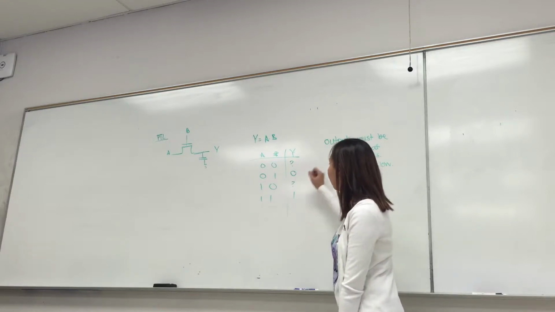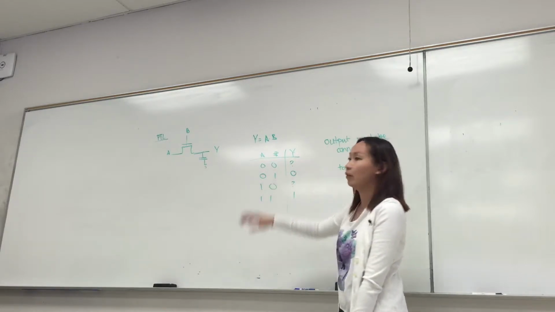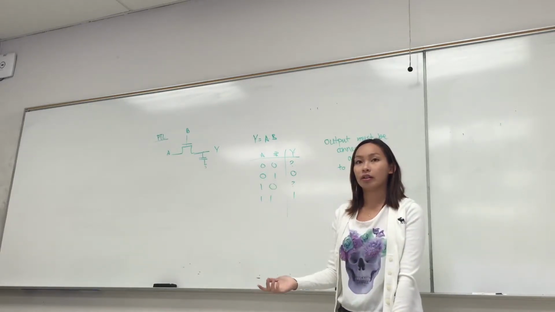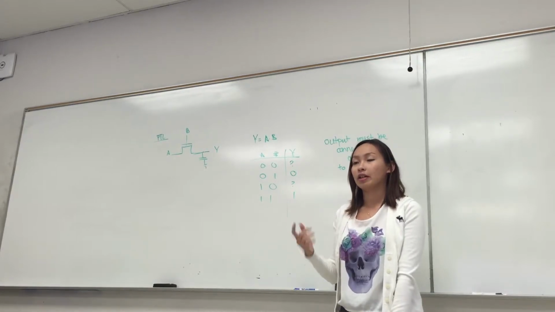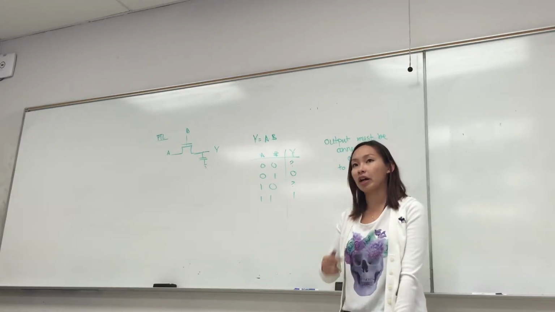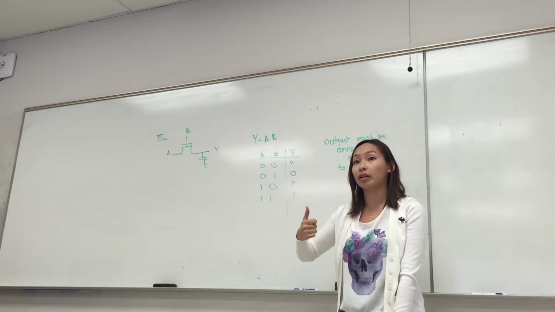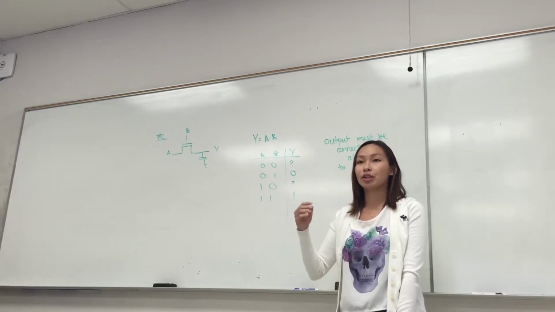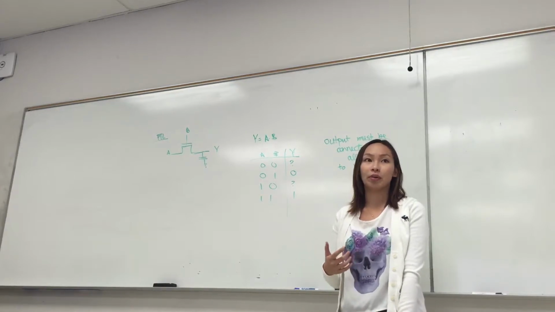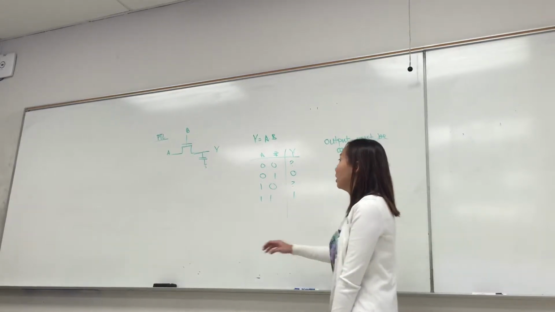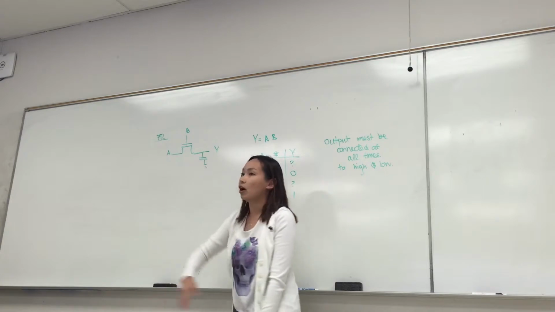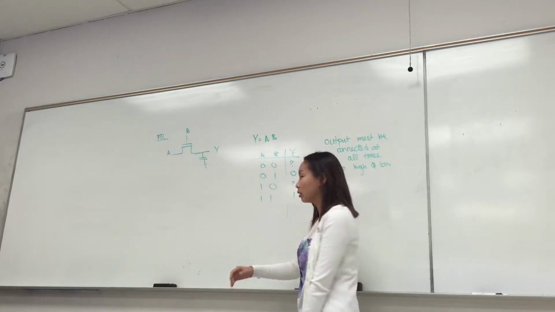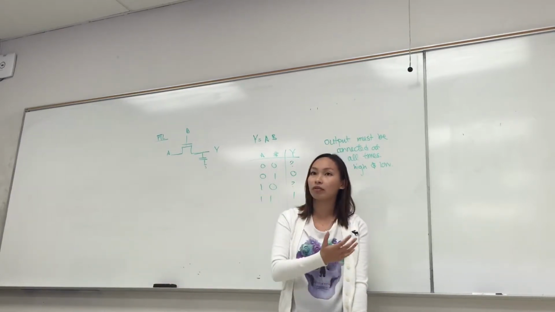Right now, when you have B is off, we don't know what it is, right? So we must have the vice versa. Same like pull up, pull down. The reason why we have a pull up is to pull up to 1. The reason to pull down is to pull down to ground. And there's always a path for 1 and 0 for the output. Same thing goes for here. You always need a path for all possible inputs, meaning you need a path for when B is on and when B is off. So what do we do?